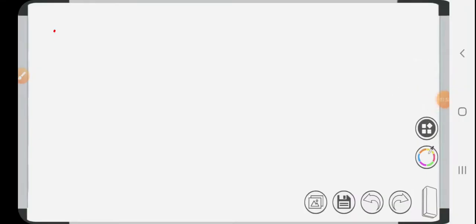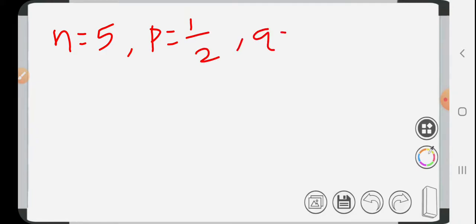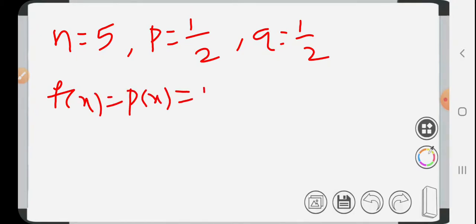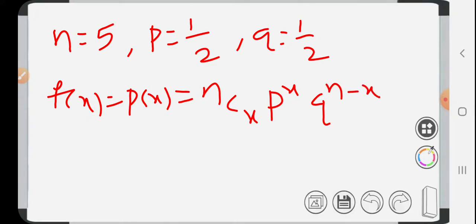Here the value of n as we discussed is 5. The probability of having a boy is 1 by 2. Q is also 1 by 2. What is the formula for binomial distribution? F of x, or you may write P of x, is equal to nCx p raised to x q raised to n minus x.